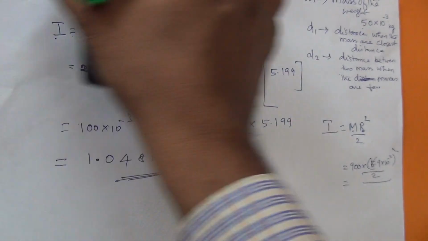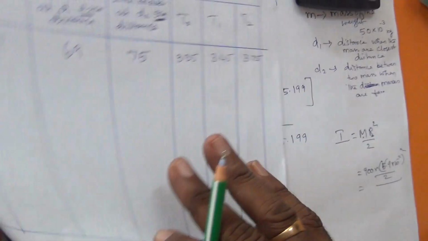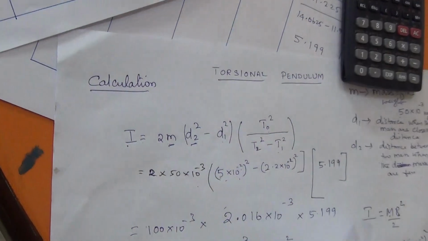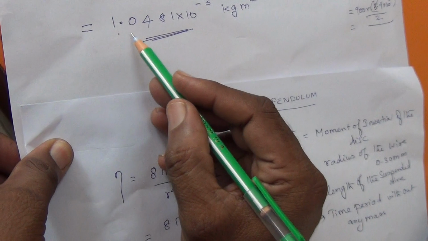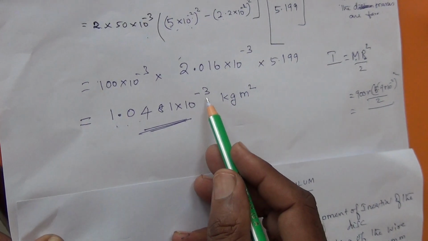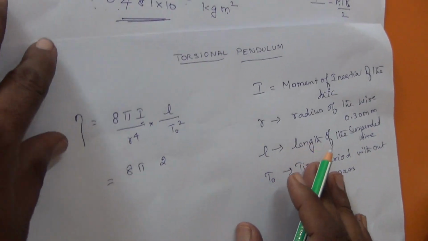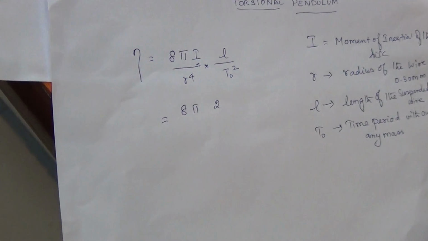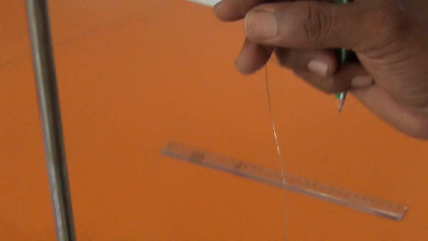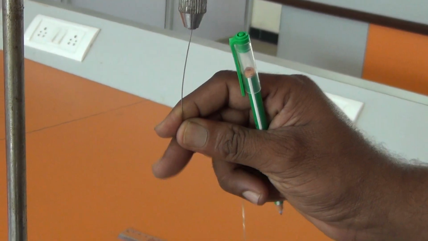Now we'll see how to find out the rigidity modulus of the wire. We have found out the moment of inertia, which is 1.048 into 10 raised minus 3 kilogram meter square. Now we are going to find out the rigidity modulus of the wire. That is our aim.